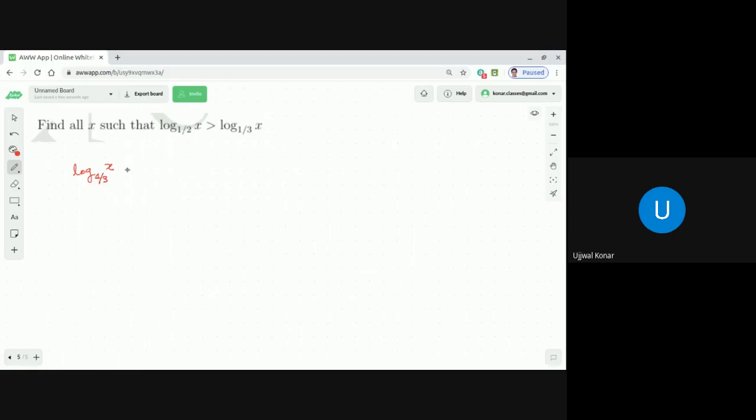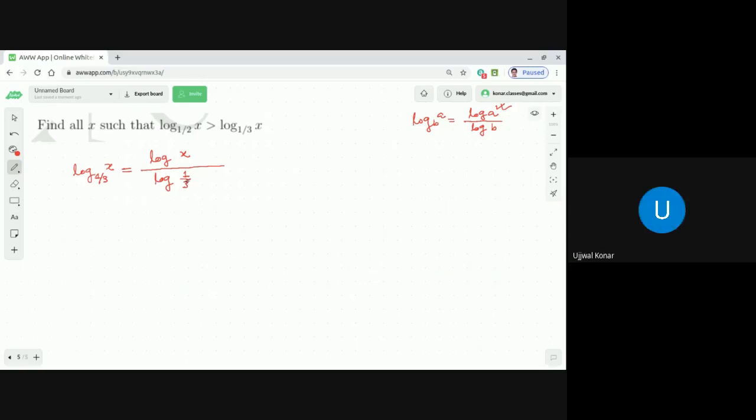Here we need to use the properties of logarithm. One property we learned is that log of a to the base b is equal to log a by log b. When I say log a by log b, this log could be of any base on the right hand side. Similarly, here it is log of x by log of 1 by 3.